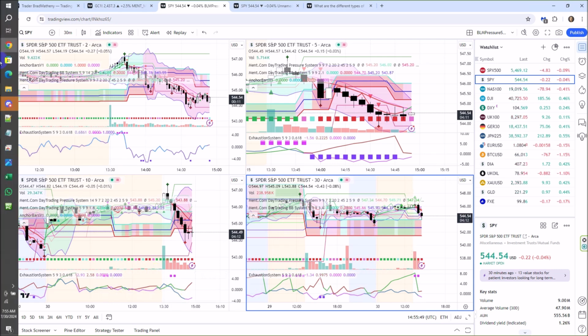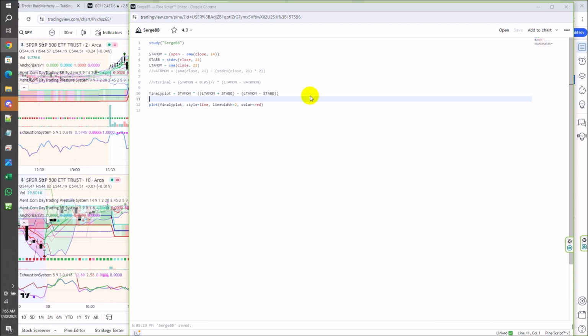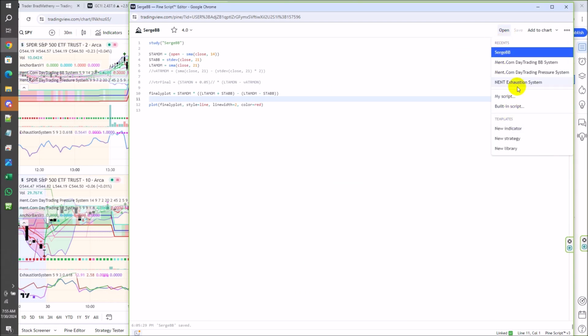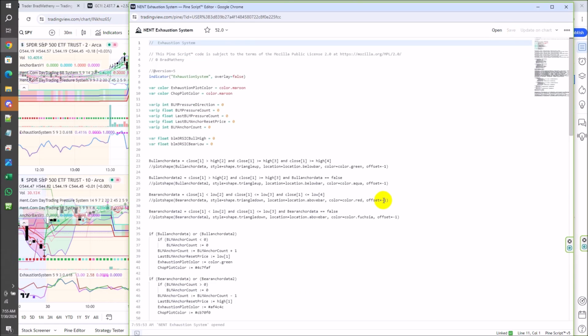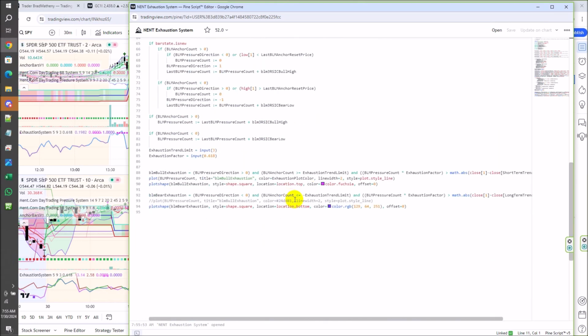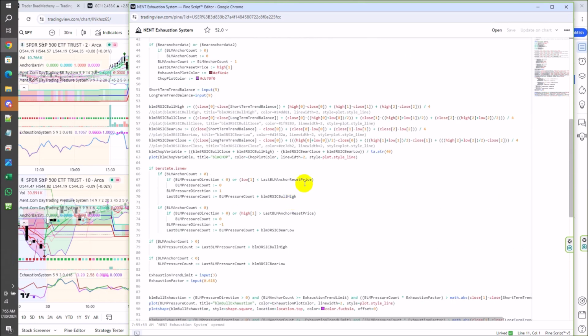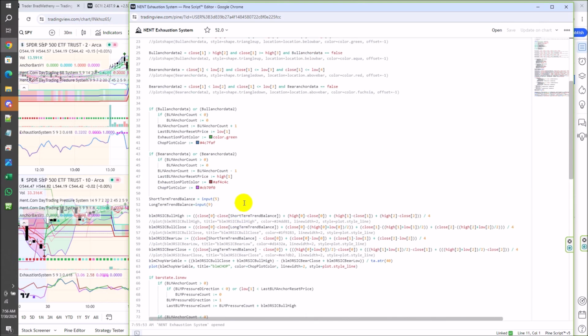PineScript is not overly difficult. Here's the exhaustion system. Here's the coloring control, and I need to figure out what's going on with it, so I'm going to work on that next. But PineScript is not all that difficult.